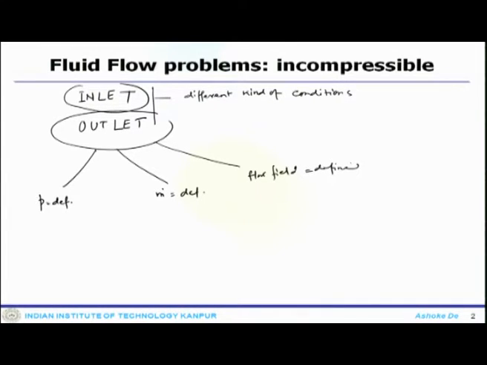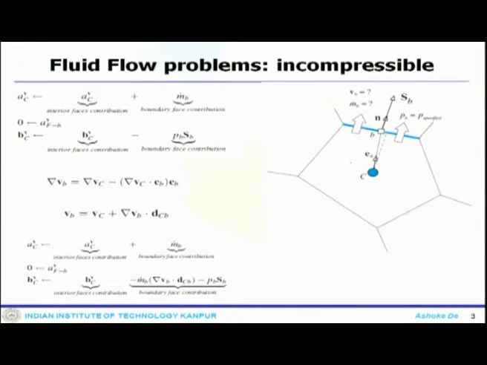So, there are different ways one can define the outlet boundary condition. Let us look at this schematic of a boundary condition, where the static pressure P is specified.